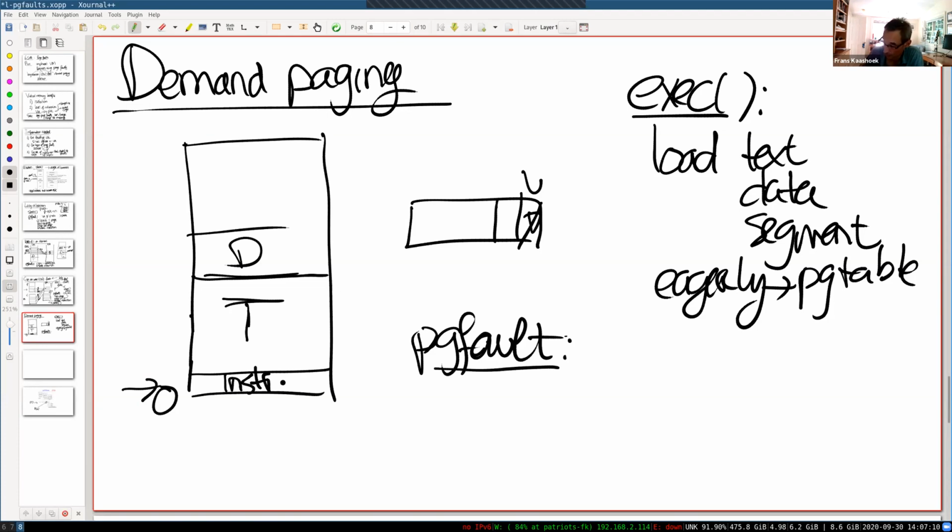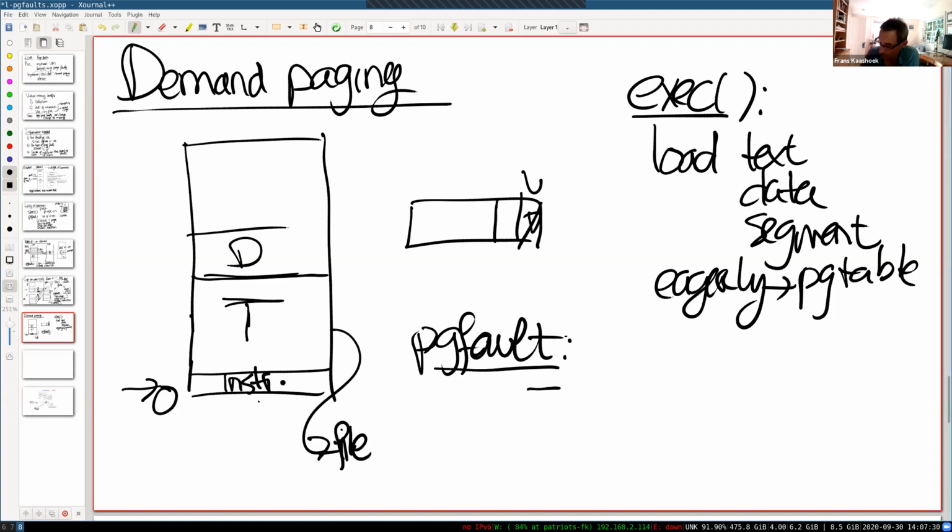Well, what we're going to do in the page fault is note that this was one of these on-demand pages. We have to remember somewhere earlier that this corresponds to some file.